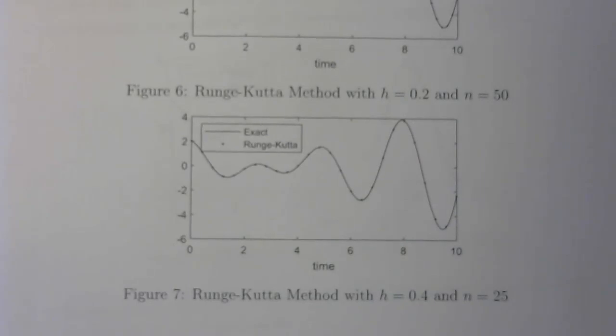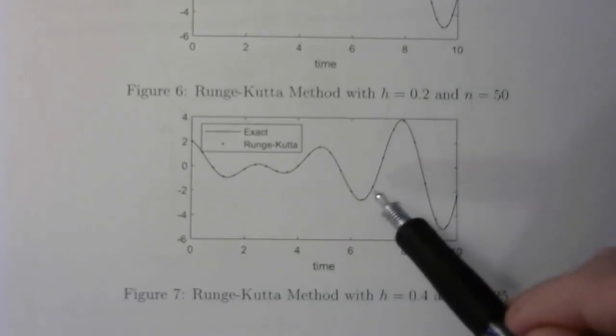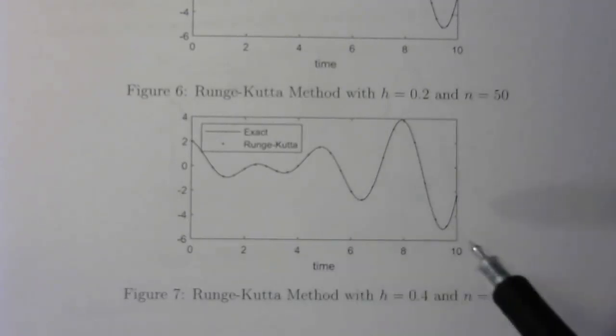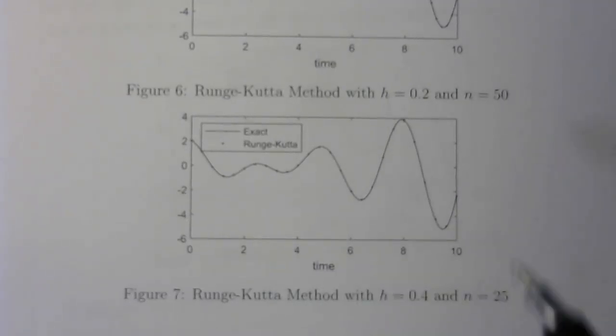I don't know if you can see in the PDF of your notes, you'll see these in color, so the dots will be red. But now I'm only doing 25 steps, and it's super, super accurate. So fourth order Runge-Kutta is a really nice numerical approximation if you're going to do something with a fixed step size. This is one that is definitely widely used.